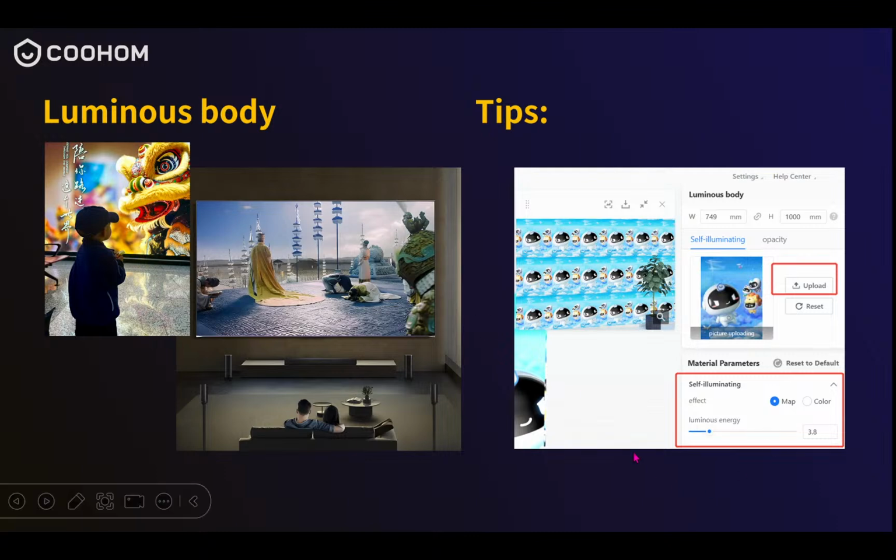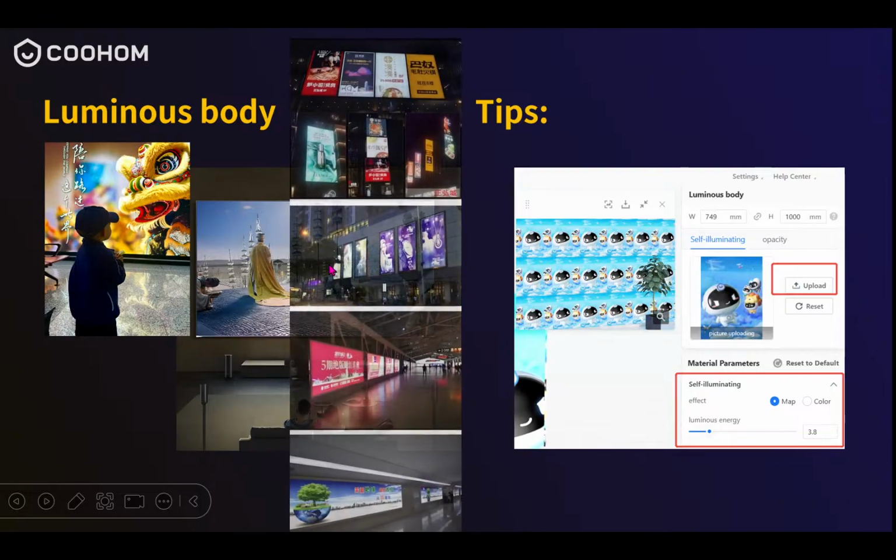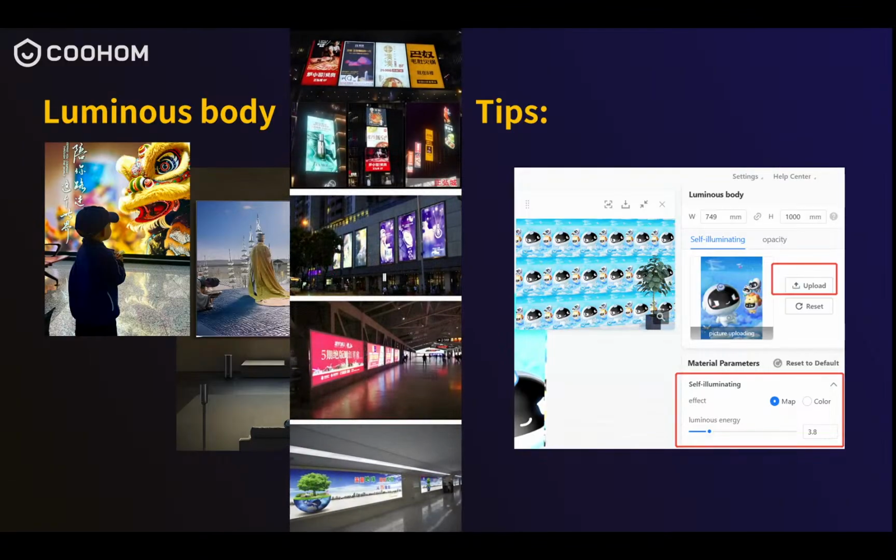This will be a kind of scenario of use, for example, for an outside advertisement board with light inside, or if you want to control the material on the TV, the television screen, or sometimes you have more outside designing or panel designing inside, for example, lights inside the back panel to light up the bar area of the back panels. So you can also use the luminous body, right?